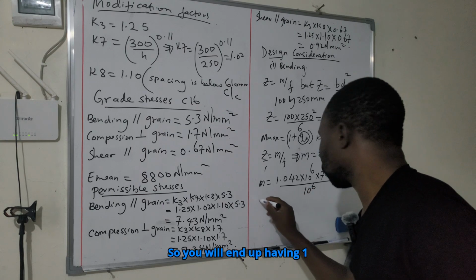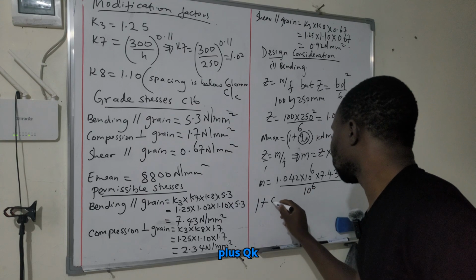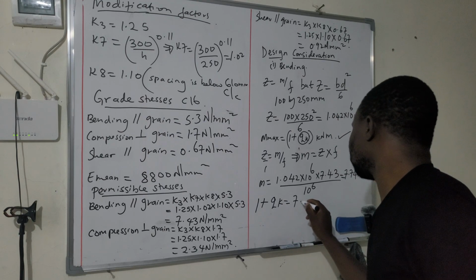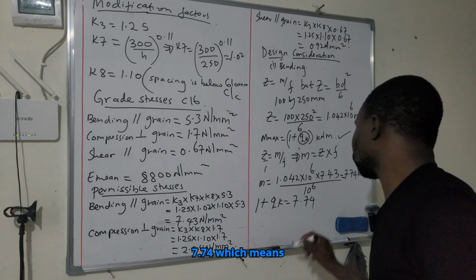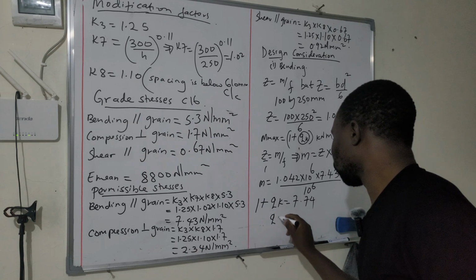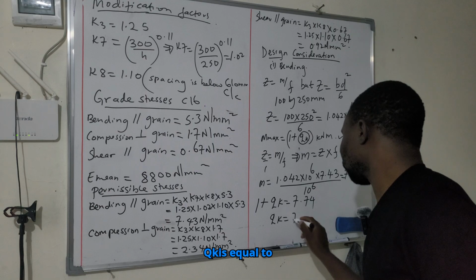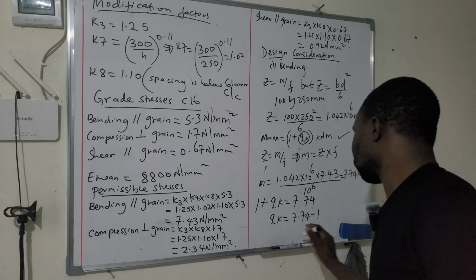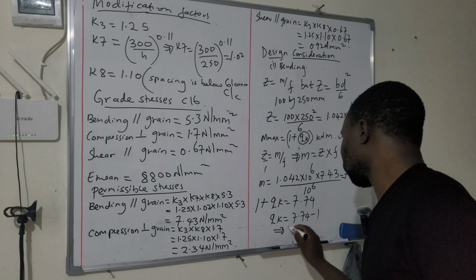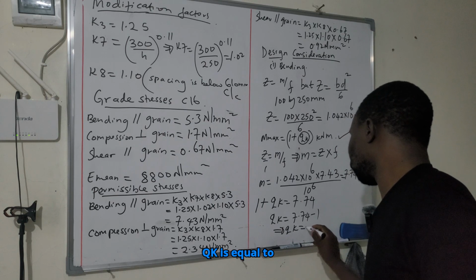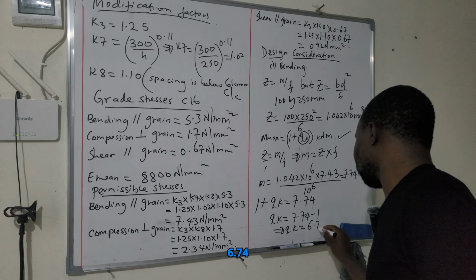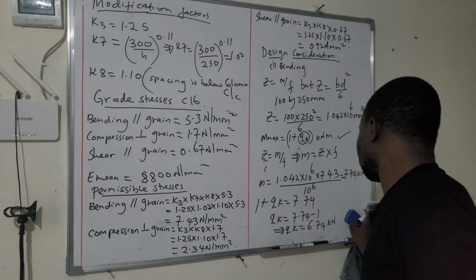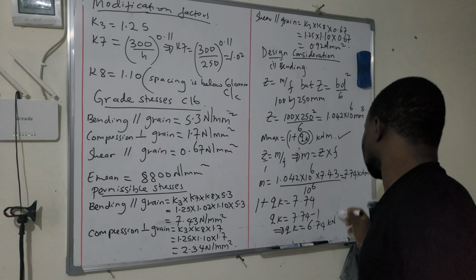So you will end up having 1 plus qk is equal to 7.74, which means qk is equal to 7.74 minus 1, which implies qk is equal to 6.74 kilonewton per meter.